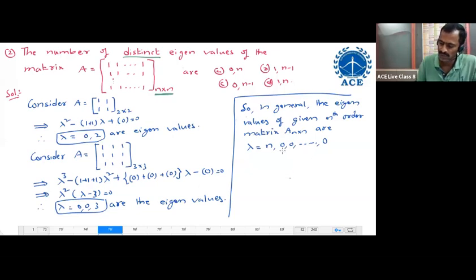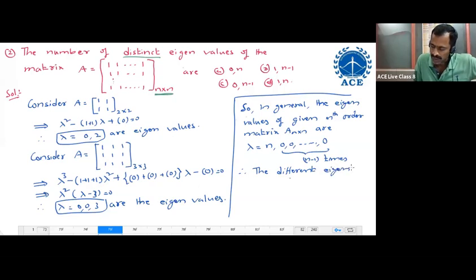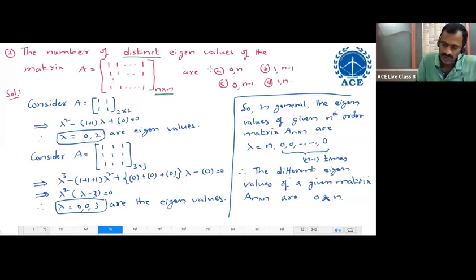Others must be zeros. That is how many times here? n minus 1 times. So how many numbers are different here? Two numbers. Therefore, the different eigenvalues of a given matrix A, n cross n, are 0 and n. So the answer is A.